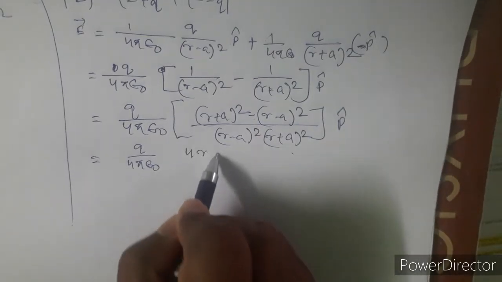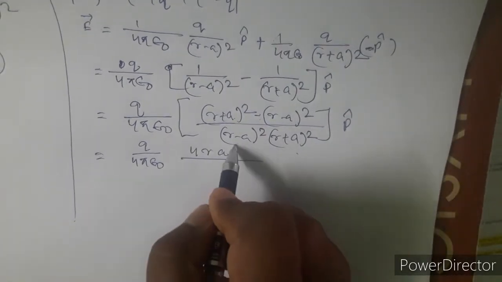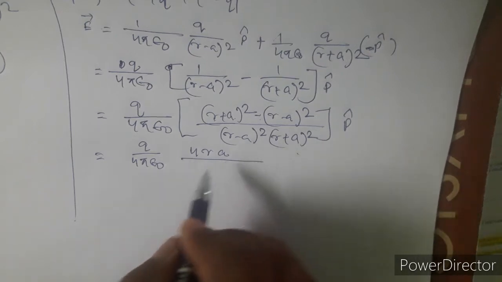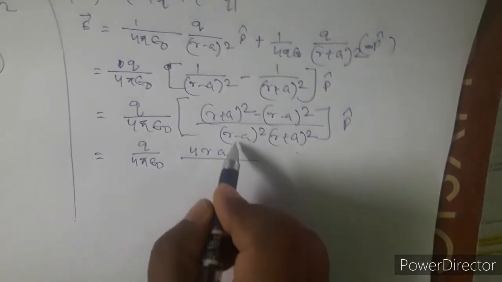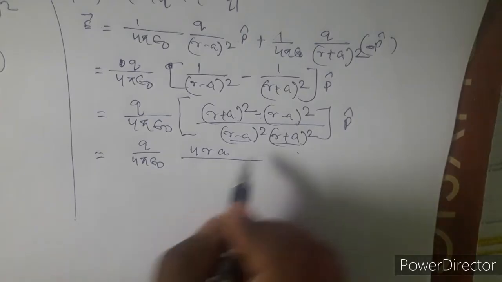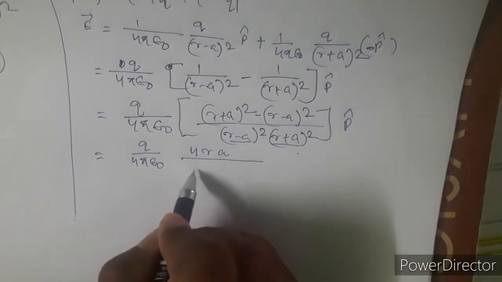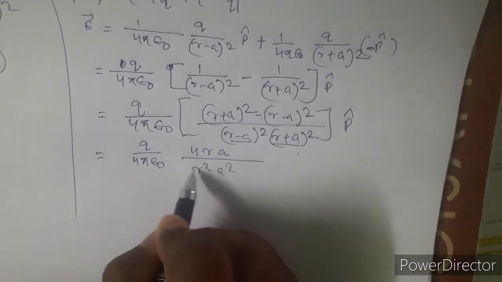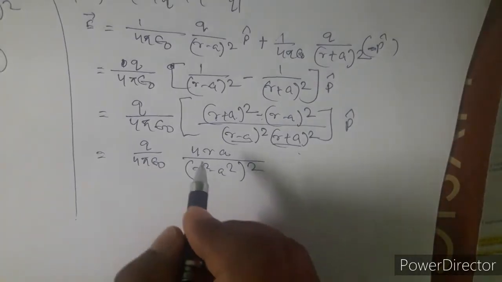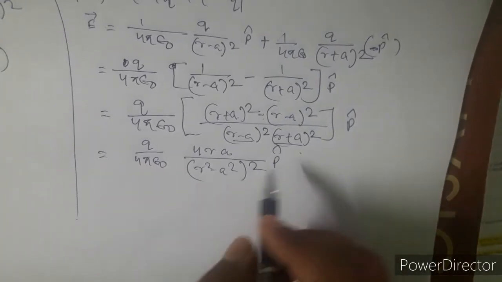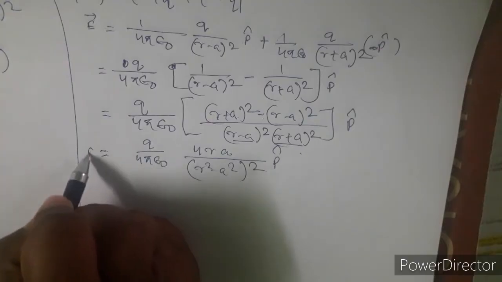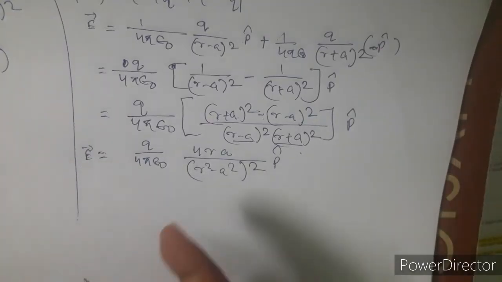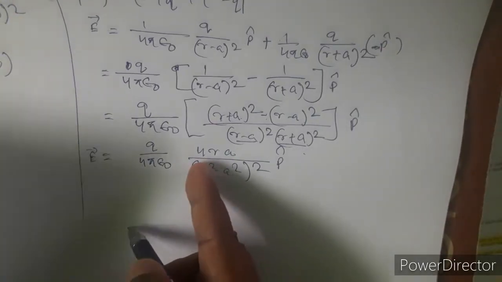This will give you 4RA divided by, in the denominator, (R minus A)(R plus A) whole square, so we will write (R square minus A square) whole square, P cap. So this is your total electric field at the point P on the axis.